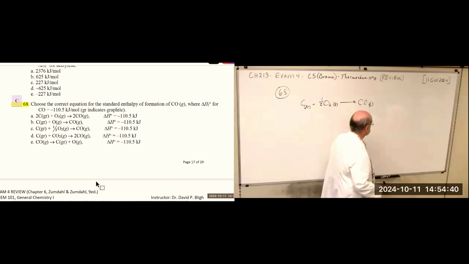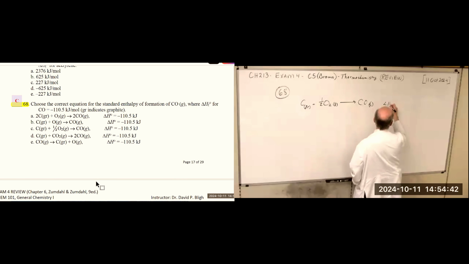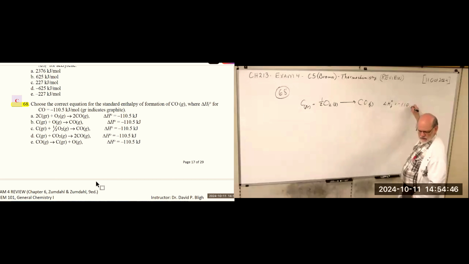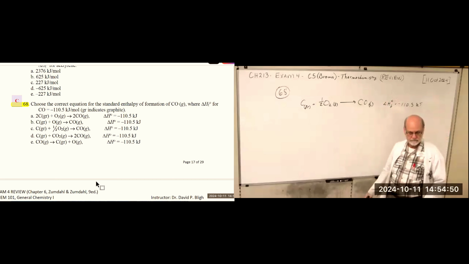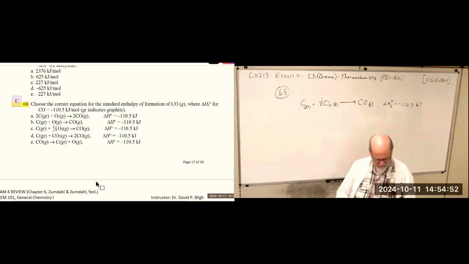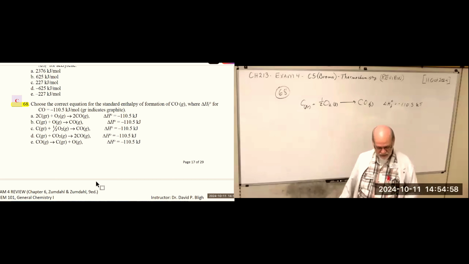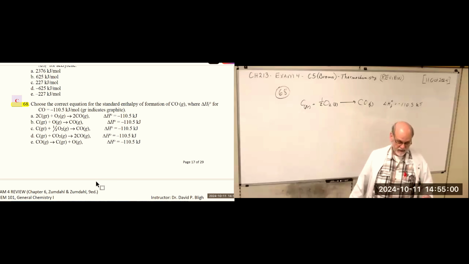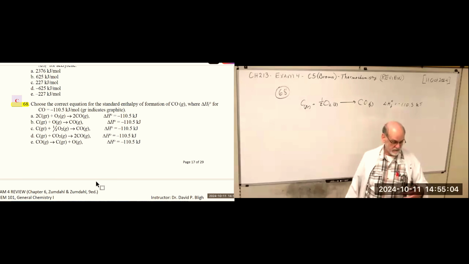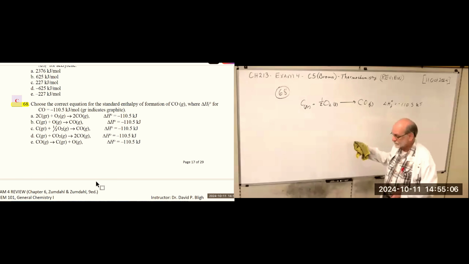And then, of course, we're given the delta H zero for formation at minus 110.5 kilojoules. That's it. So whichever one matches that, C. Anytime you have to write a standard enthalpy of formation equation, that's the way you do it.